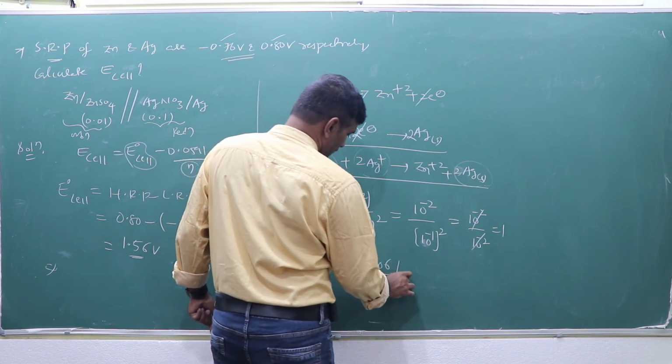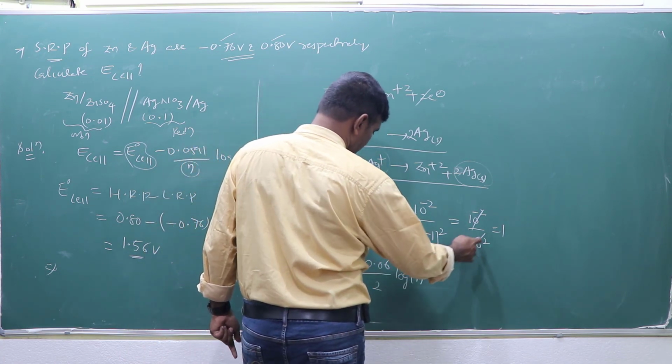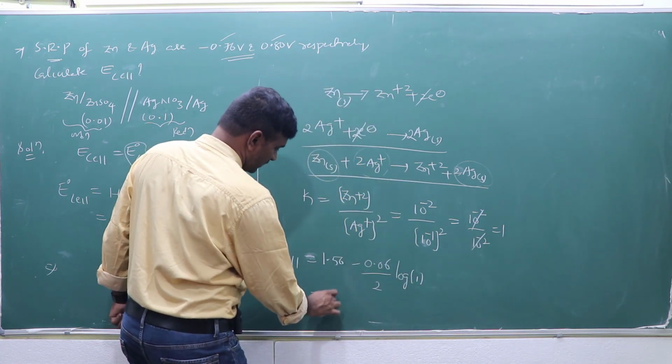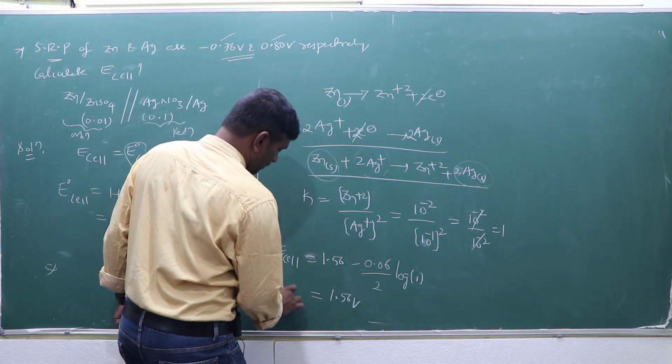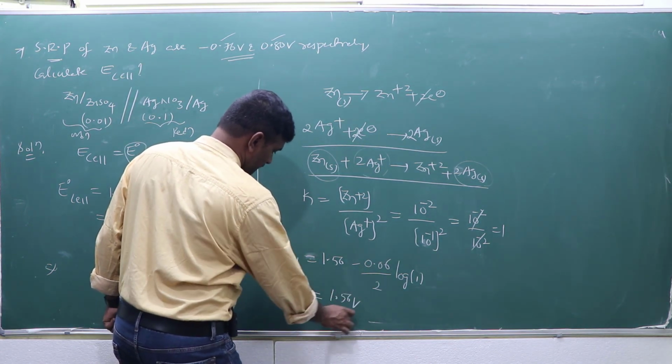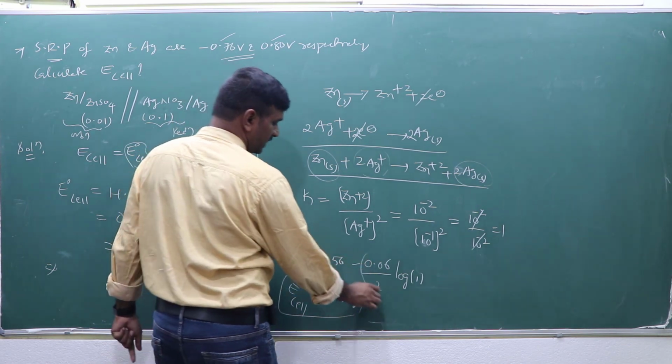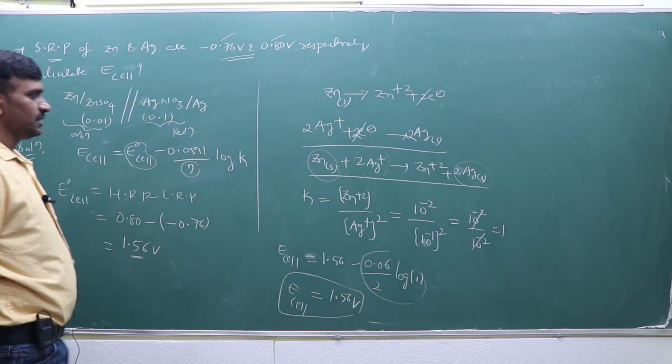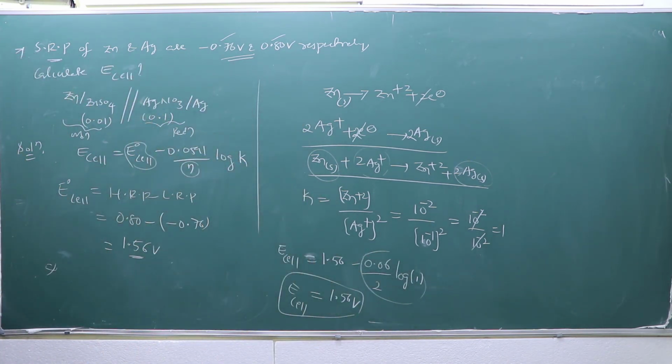So log K, log 1, the K value is 1, that value is 0. So when that value is 0, the answer is 1.56 volt. The entire value is 0, right? So this type of equation will be there. This is also a previous type of question. Right? Next, you write another question.